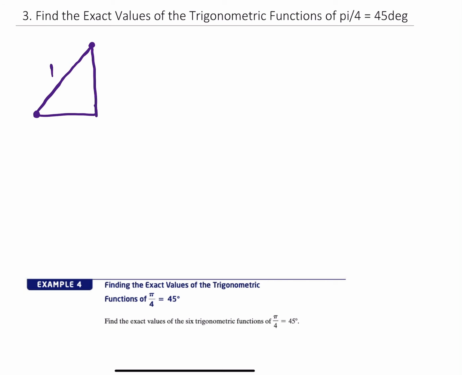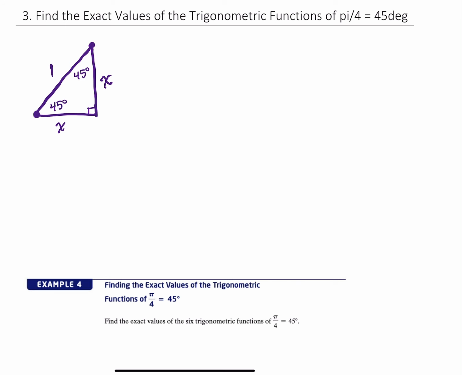That's how we define the unit circle. And if this is a 45 degree angle, that would make this a 45, 45, 90. Because these two angles must add up to 90 degrees. So if one is 45, the other has to be 45. And this produces two equal side lengths since the angles are the same. So we can call this some distance x, and this would be the same thing, also x.